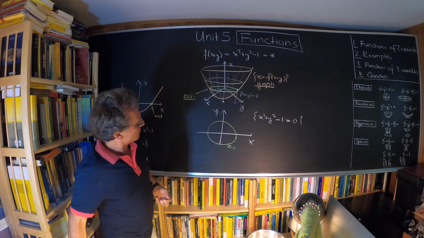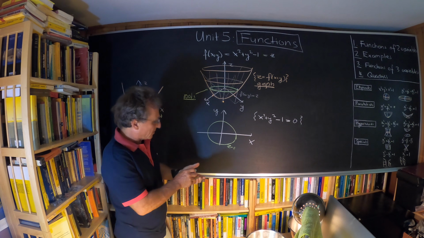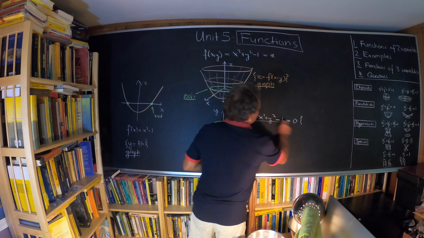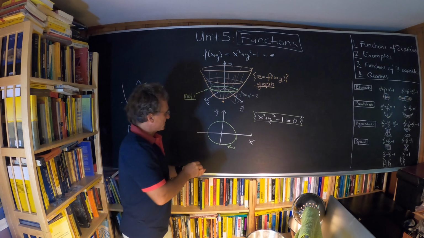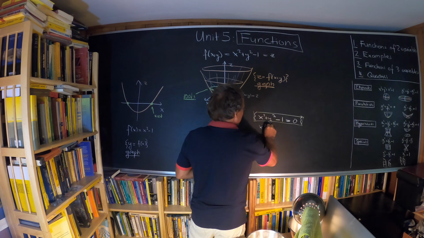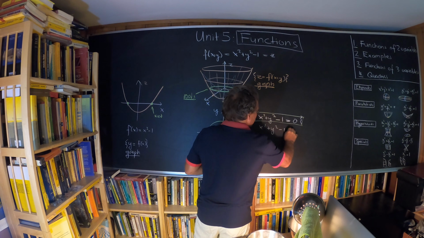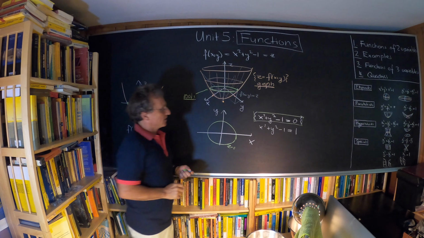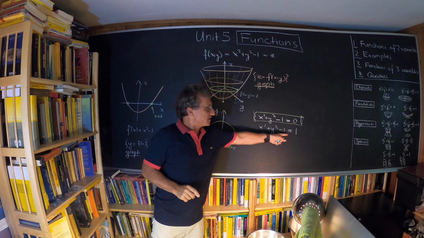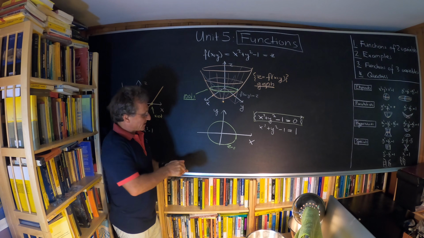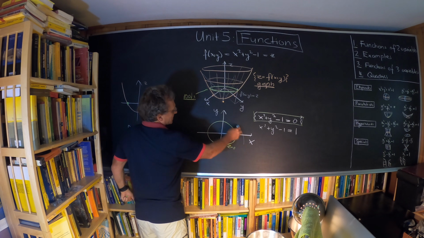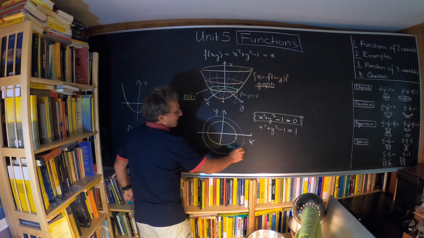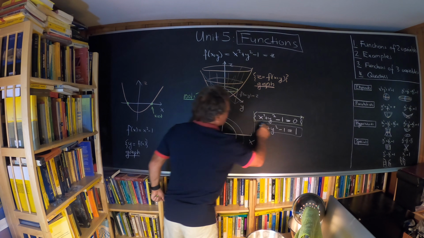Now, let's look at another value. So that was this root here. We can also see, for example, what happens when x squared plus y squared minus 1, the function value, is equal to 1. Then we see x squared plus y squared is equal to 2. So that's a bigger circle, with radius square root of 2.